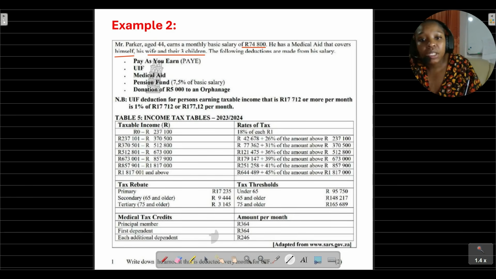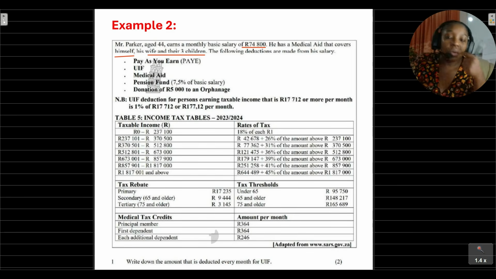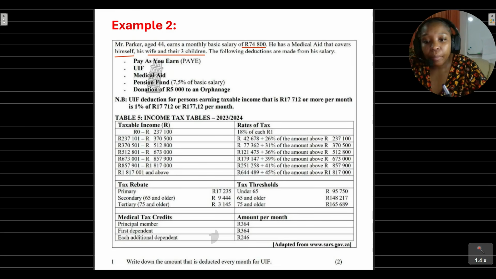So it's very important that we understand all these deductions that are happening in Mr. Parker's salary. We've got pay as you earn, UIF deductions, medical aid, pension fund, and donations. All of these amounts are being deducted from Mr. Parker's salary.